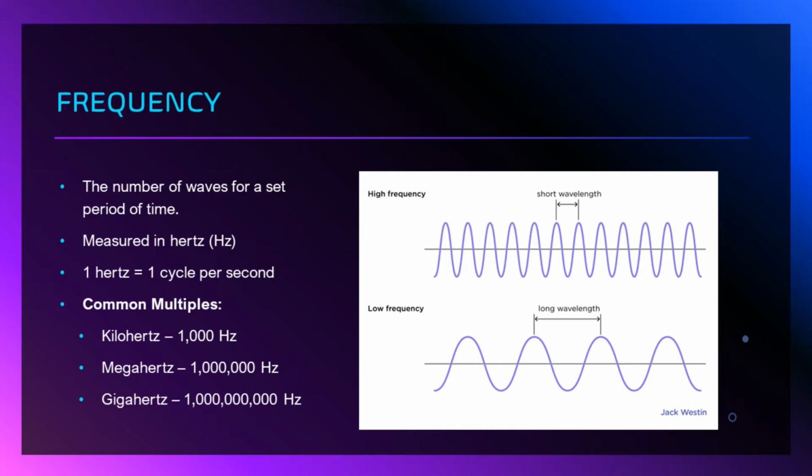So most of our stuff is going to be in the megahertz. If you're talking about low frequency RFID, for example, that would be in the kilohertz, particularly 125 kilohertz. Your NFC is going to be using megahertz, around 13.56 megahertz, and we'll get into what the different ranges are for specific uses in a little bit, but just so that you're aware, frequency is measuring the distance between your waves here.